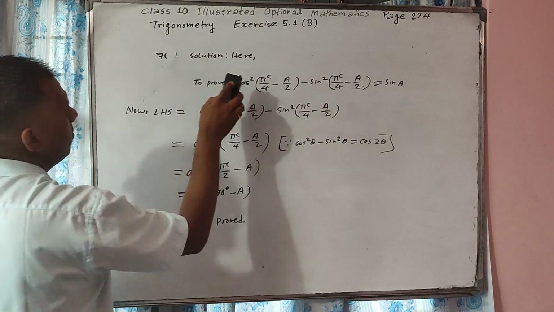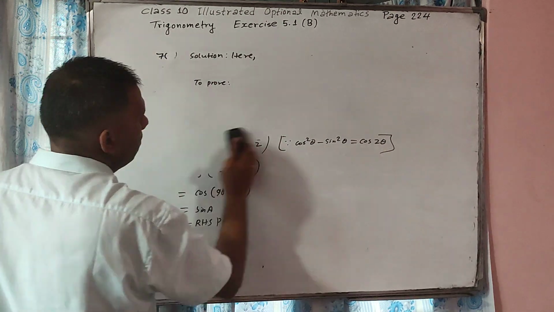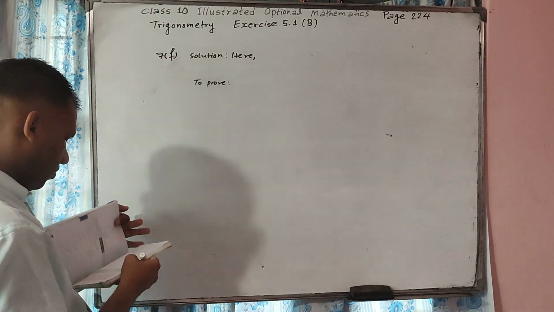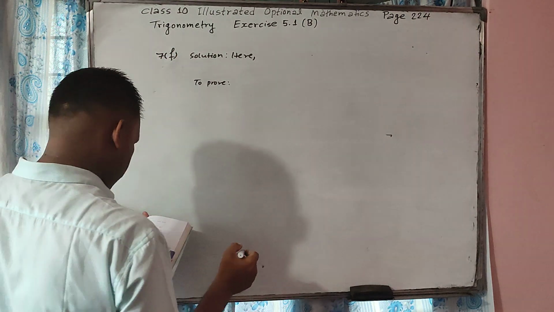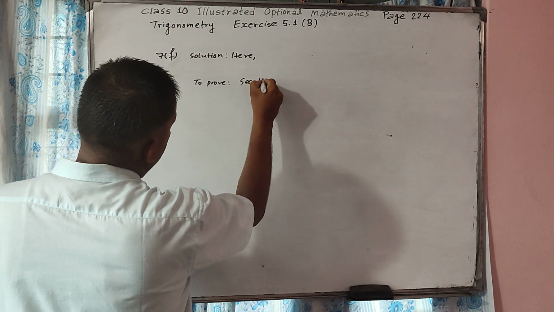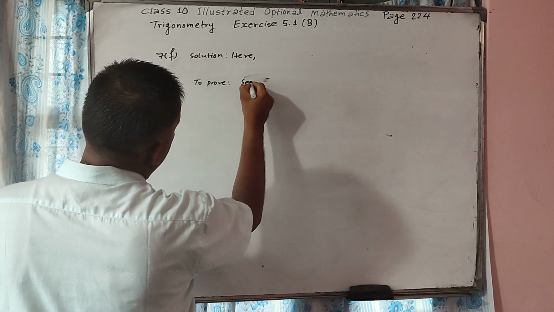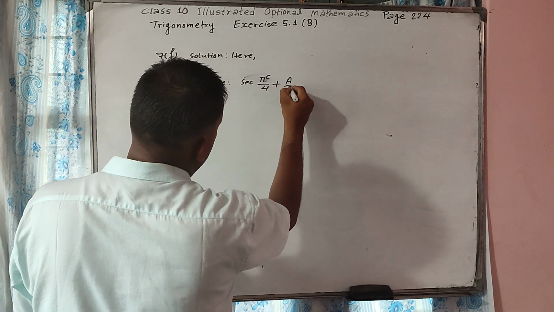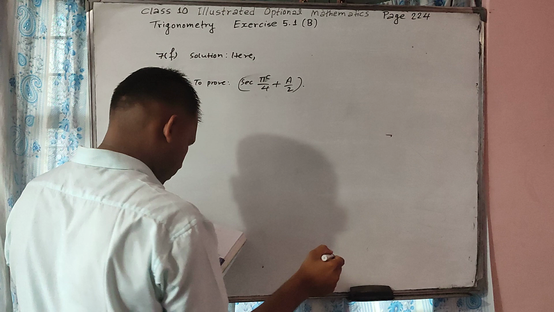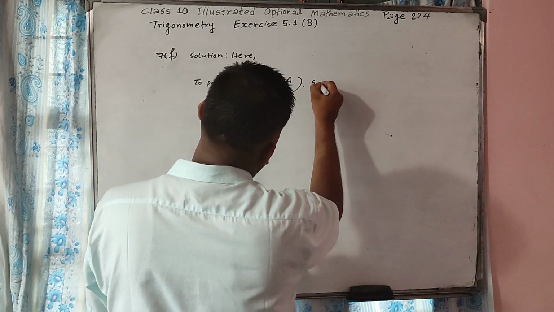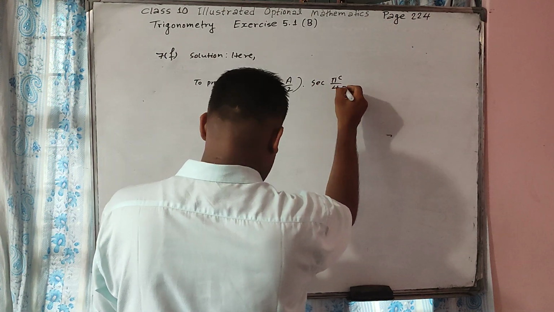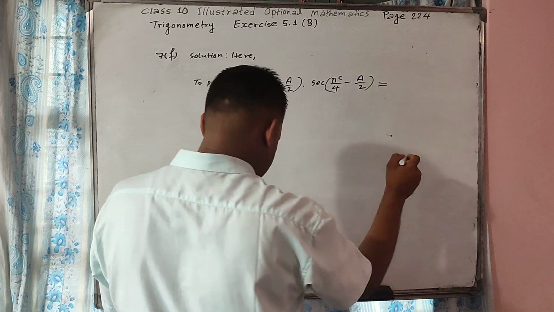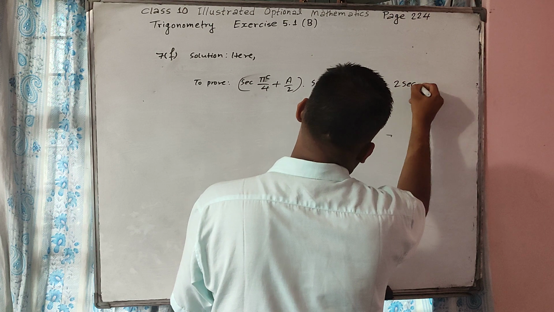7B. On 7B, we have to prove sec pi divided by 4 plus a by 2 into sec pi divided by 4 minus a by 2 is equal to 2 sec a.